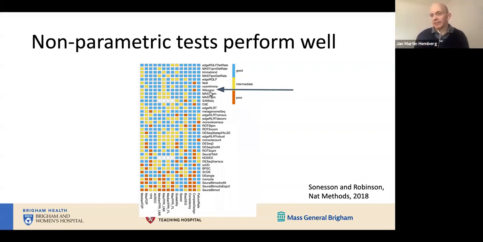This is a non-parametric test, so it's very easy to use and very robust, and it has really become the standard in the field these days. That's what most people, including myself, would recommend that you use for differential expression in single-cell RNA-seq data.